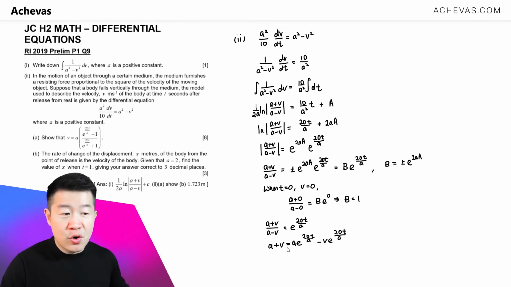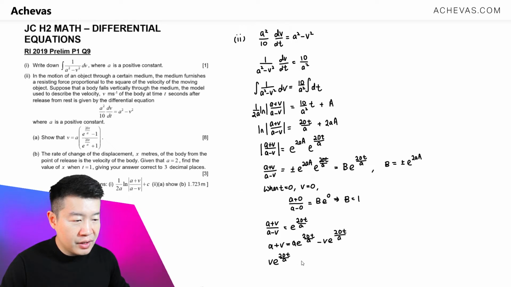And I'm going to move the v over to one side. So moving it over to one side, we will have v e to the power of 20t over a plus v, and moving this over to the right hand side and factorizing out a at the same time, we will have a (e to the power of 20t over a, then minus 1).